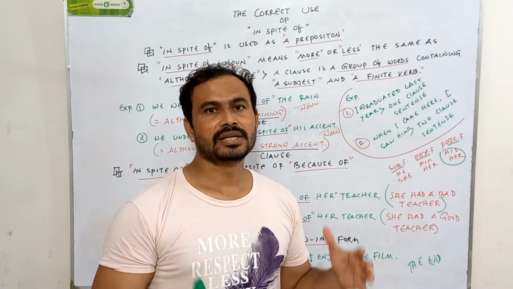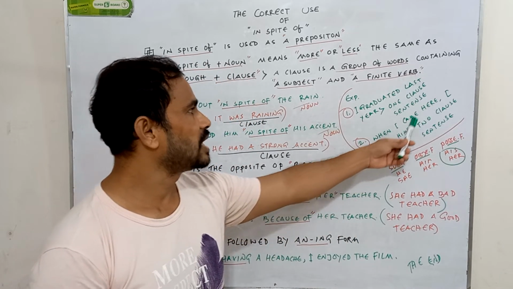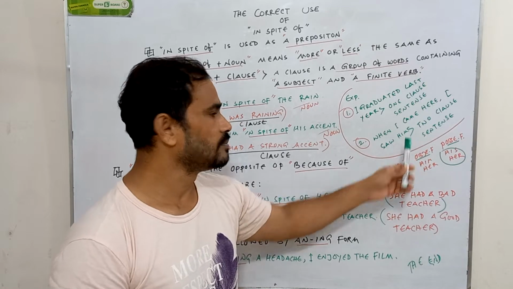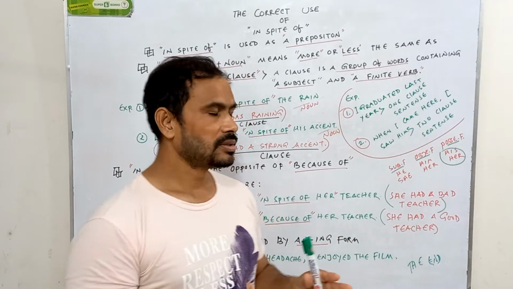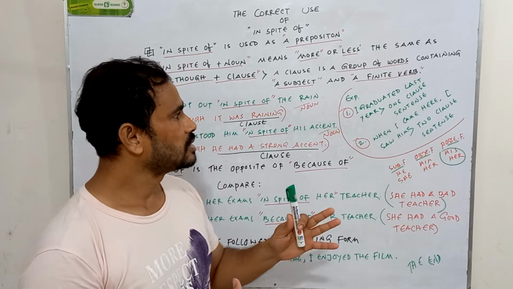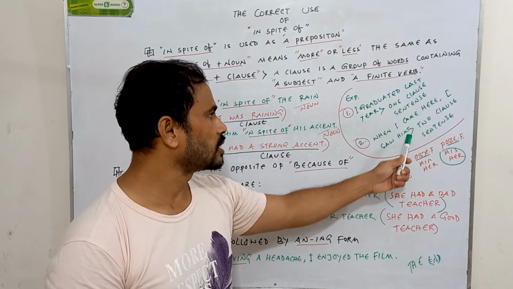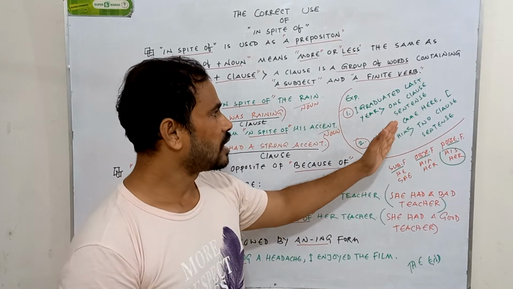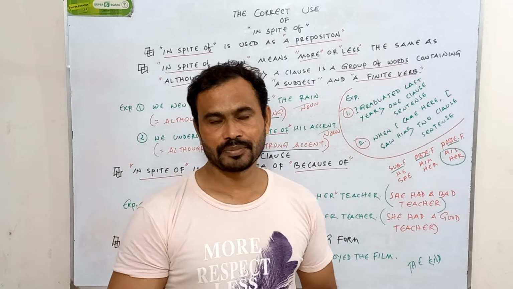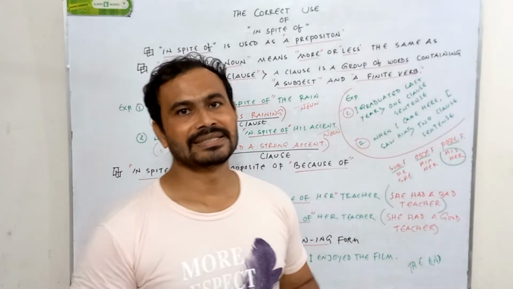Let's look at the second sentence: When I came here, I saw him. Here, when I came here is a clause, and I saw him is another clause. This is a two clause sentence. In this way you can make more sentences.